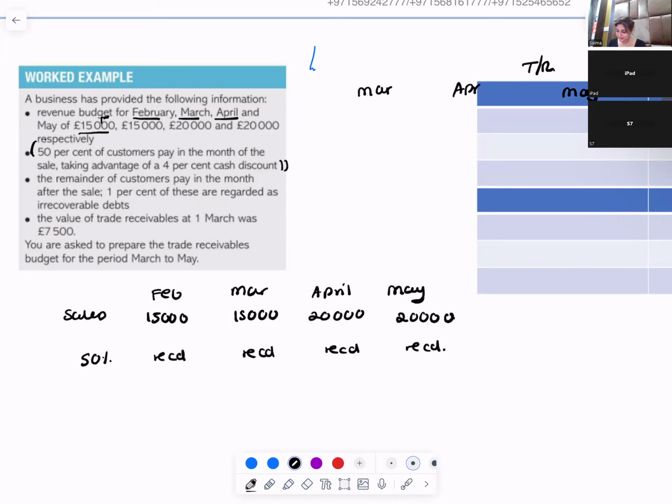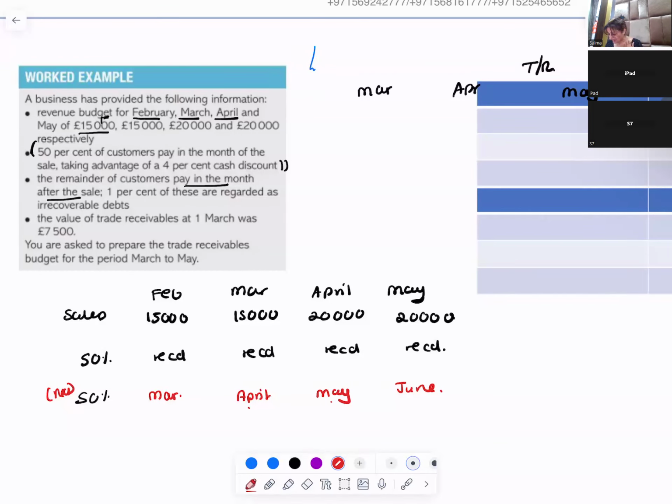The remaining 50% of the customers pay in the month after the sale, which is your trade receivables. So the remaining 50% of the Feb sales I will receive in March, the March remainder I will receive in April, the April remainder in May, and this one in June.